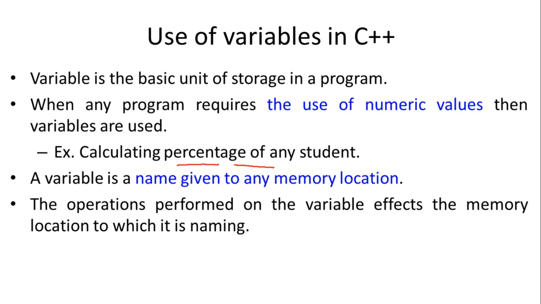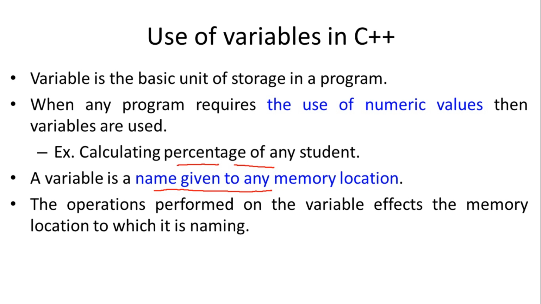Now the next thing is, a variable is any name that is given to a memory location. Why? Because when we use values in a C++ program, we are operating on the memory locations inside the memory, because whenever any variable is to be used in a program, memory should be allocated to that variable.